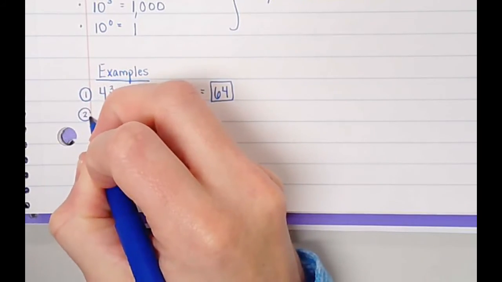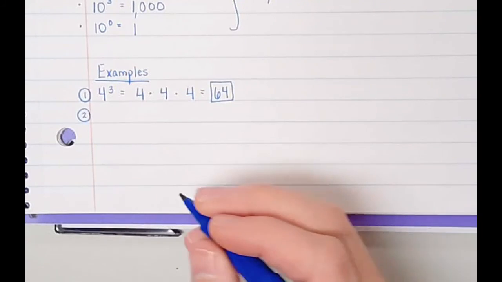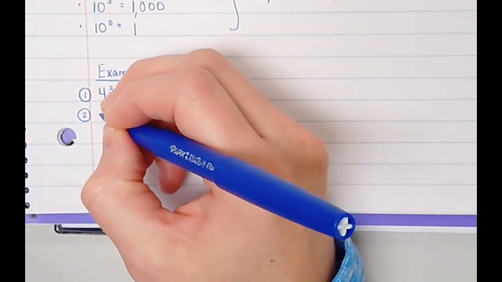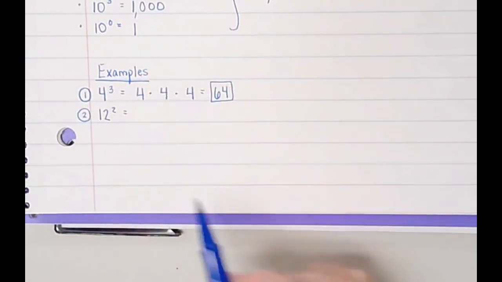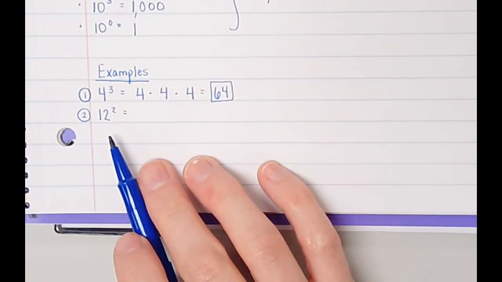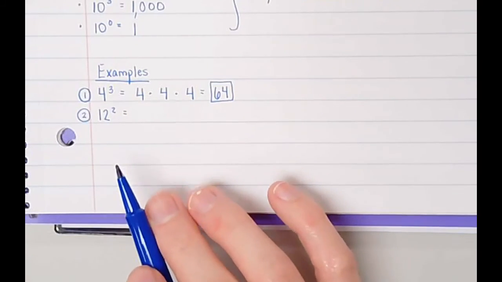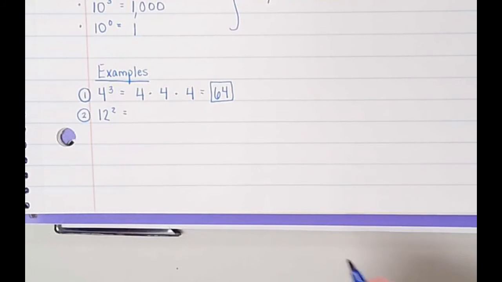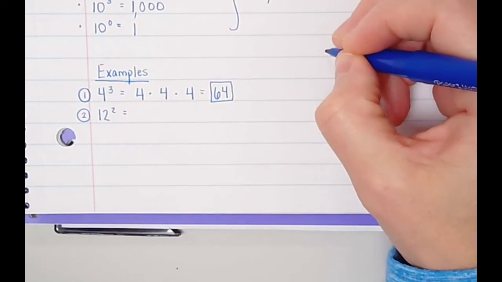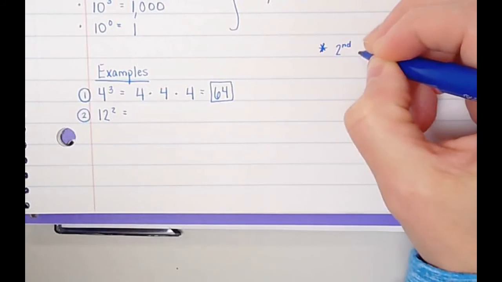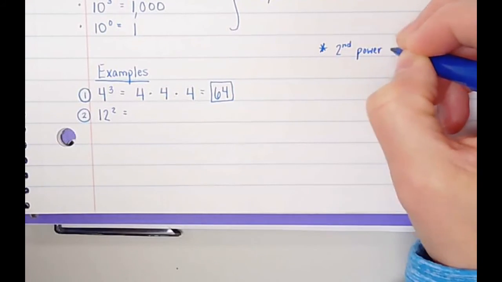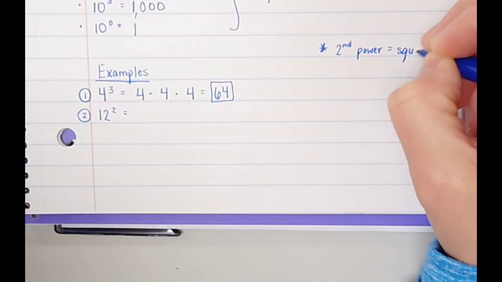Alright, what if I had 12 to the 2nd power? Okay, so you can call this 12 to the 2nd power, or you can call it 12 squared. Anytime you say squared, it means it's to the 2nd power. In fact, let's put that over here as a quick little tip. So 2nd power equals squared, and we talked about this when we did area.